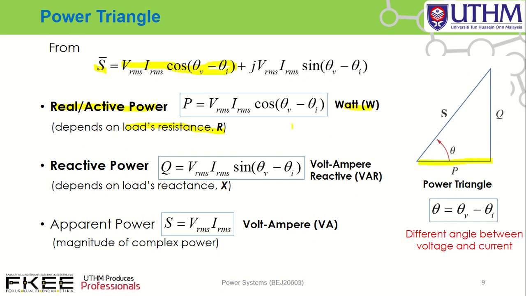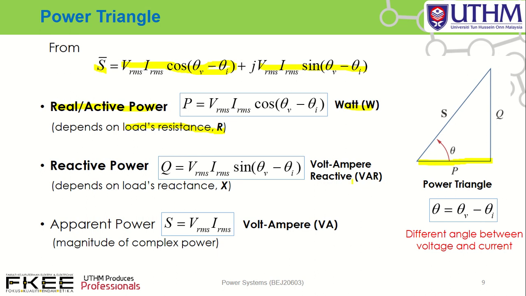Reactive power is equal to the imaginary part of the complex power. This is the reactive power, which is equal to Q equals V RMS I RMS sin(theta V minus theta I). The unit is volt ampere reactive.